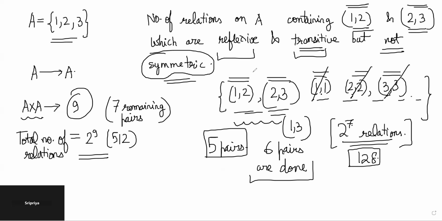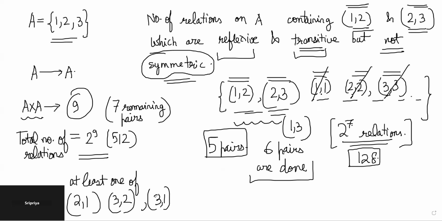But we have to ensure that at least one of 2 comma 1, 3 comma 2, and 3 comma 1 is missing. Do you understand what I'm saying? There were a total of nine pairs. Six of them are guaranteed to be present. What are the three left? These were the three left.